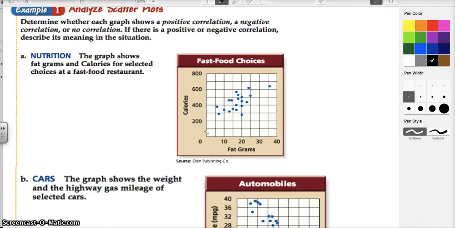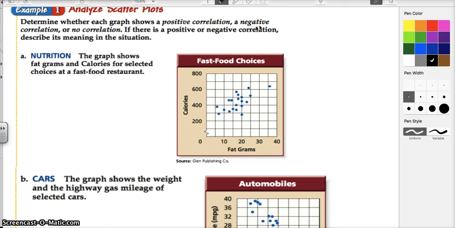One thing that's really important to do is when you see a graph, you really want to make sure you understand what they are talking about. So I'm going to look over here and we see fat grams and calories in fast food choices. Just looking as the fat grams increase, does it look like the calories are increasing? You want to kind of just eyeball it and see if you see any kind of correlation.